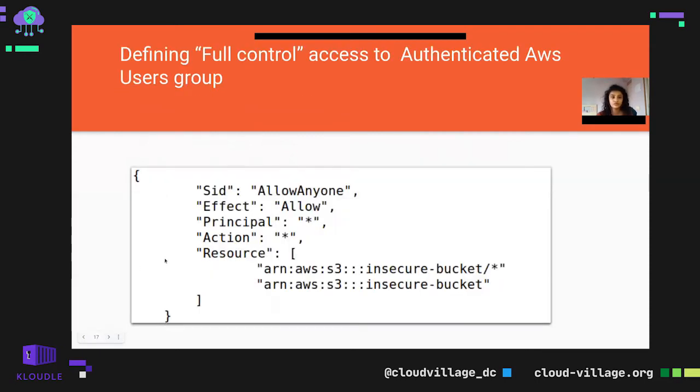The strangest one is defining full access to the Authenticated AWS Users group. So they're saying anyone having a valid AWS credential, or an authenticated user, can access my bucket and even perform copy, read, and delete operations. So you are basically affecting the whole CIA triad, right? So it's the strangest policy to have.